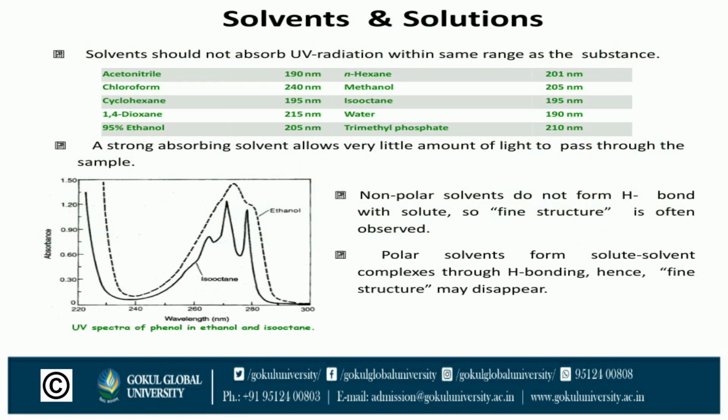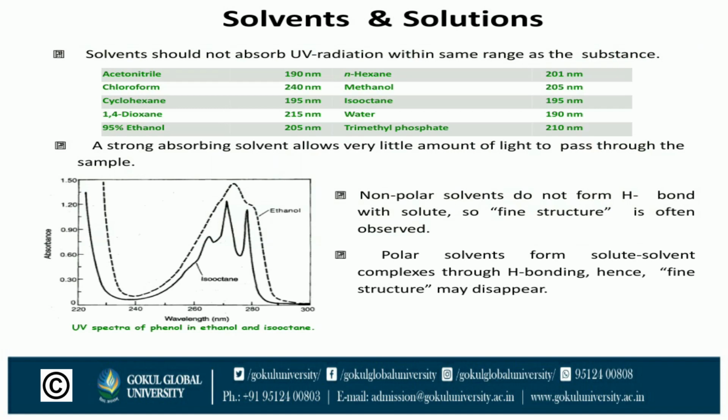Now the effect of solvents and solutions in UV spectroscopy. Solvents should not absorb UV radiation within the same range as the substance. When we prepare a solution from a solute and a solvent, the solvent should not absorb UV radiation in the same range as the substance.